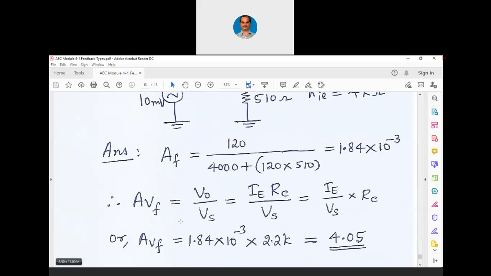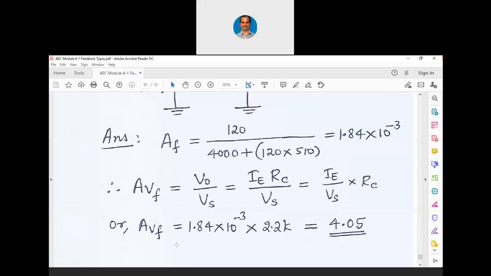Now AVF is V0 by Vs. What is V0? IE into RC, and divided by Vs. Now IE divided by Vs into RC. We can substitute for IE divided by Vs. That is AVF. IE divided by Vs is nothing but this 1.84 into 10 power minus 3. So AVF is equal to 1.84 into 10 power minus 3 into 2.2K.